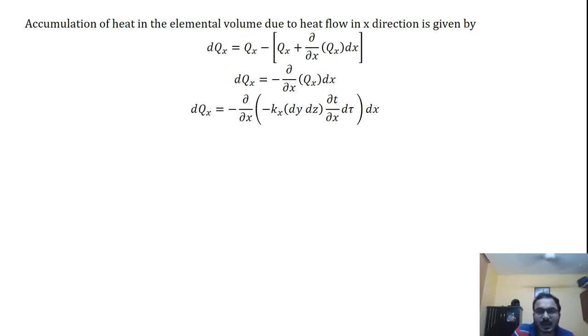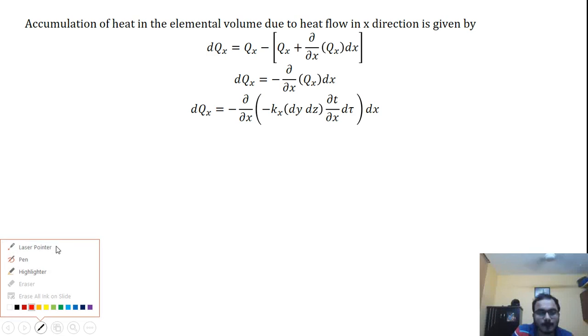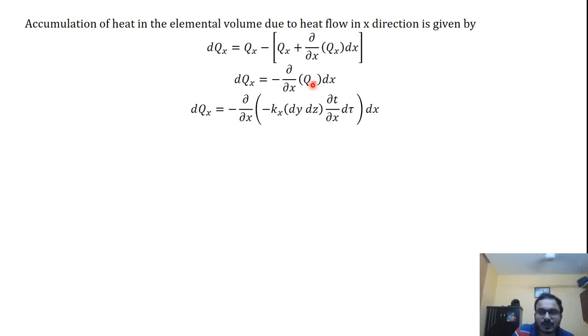Then instead of qx we have applied dy into dz. So we have taken dy into dz into d tau outside of this bracket. So in the bracket only those terms are present which are dependent on x.